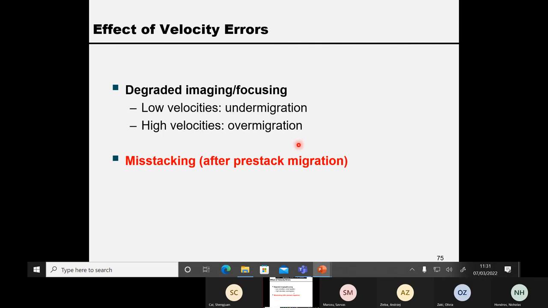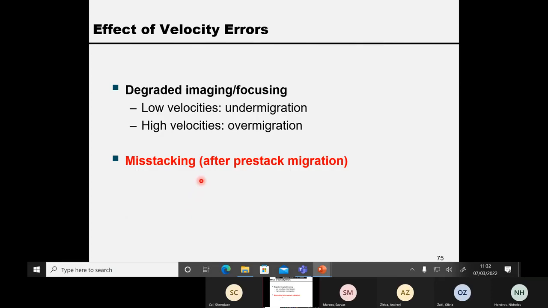Okay, we reviewed post-stack migration, but for pre-stack migration, we do the migration gather by gather, right? The final image, we should stack them together. So in the stack, there will be misstacking.